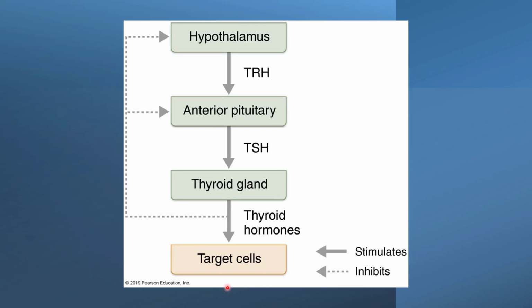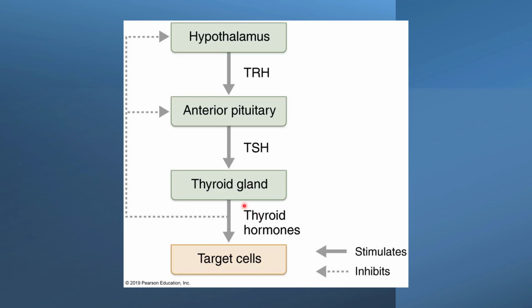When we have this layout, the hypothalamus anterior pituitary gland layout, this type of feedback loop, what we have is the ability to have one of these things go wrong and it being a little bit tough to figure out which one. And what I mean by that is, let's say you do a blood draw on a patient and you see that they have low T3, T4. If you tried to figure out where was the problem, it's going to be very tempting to say the thyroid gland, because that's where T3, T4 comes from.